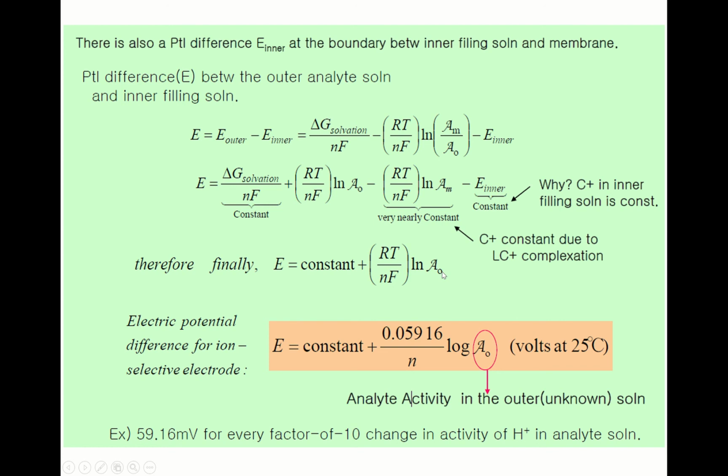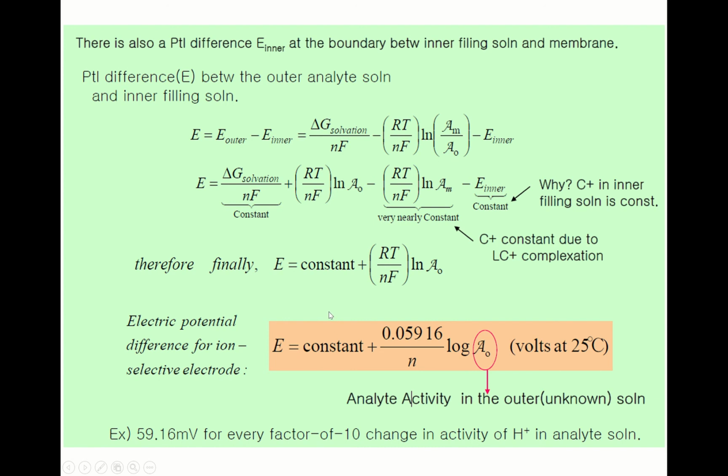This equation is really important since we mostly work at room temperature. The measured potential difference is E equals constant plus 0.05916 divided by n multiplied by the logarithm of the outer analyte activity.